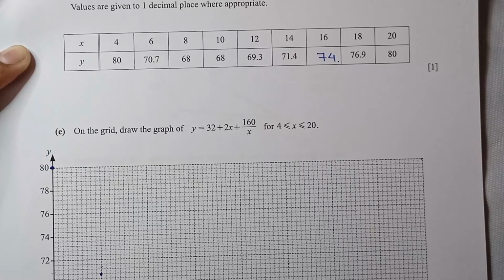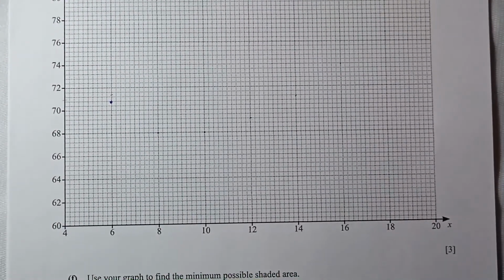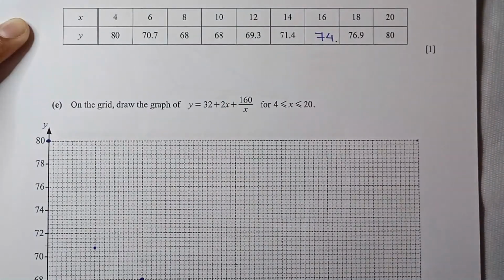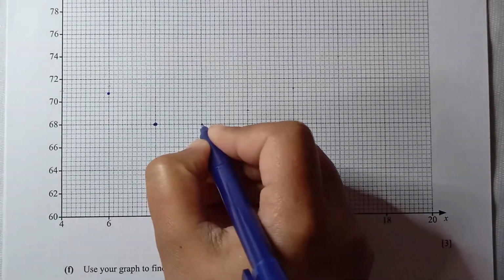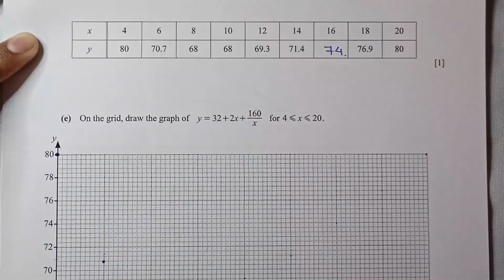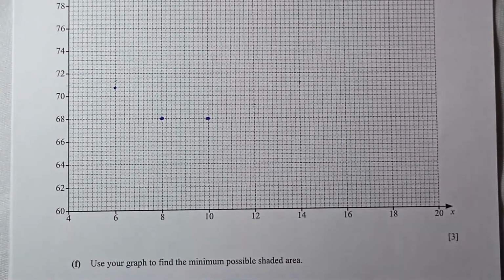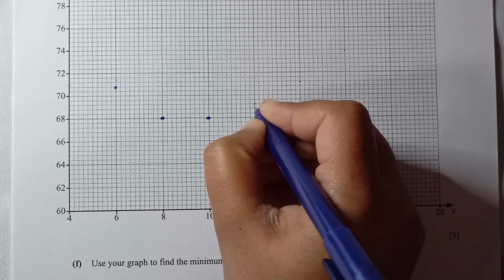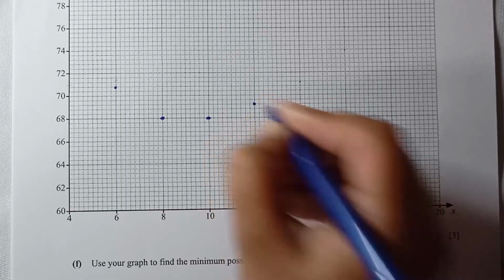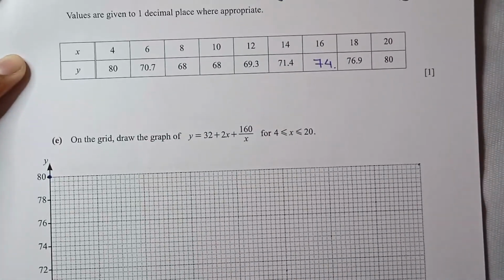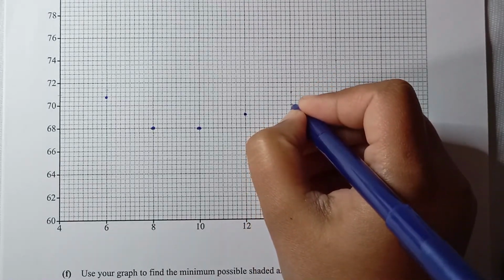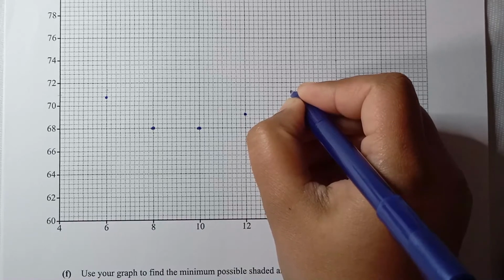Then for 8 it would be 68. And for 10 it is again 68. 12 is 69.3. So for 12 it is 68, we have middle 69 and this would be 69.3. For 14, 71.4. So for 14, we have 71, 2 in the middle and 71.4 would be here.